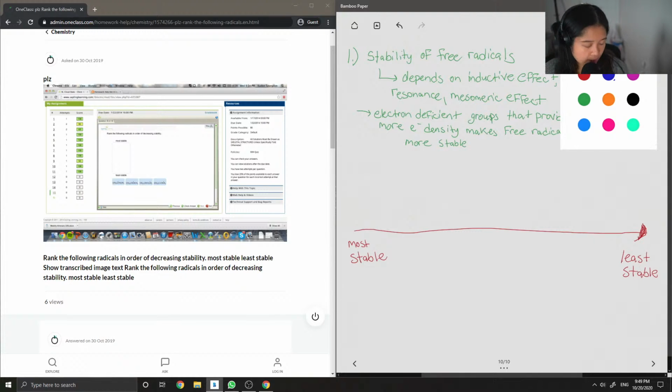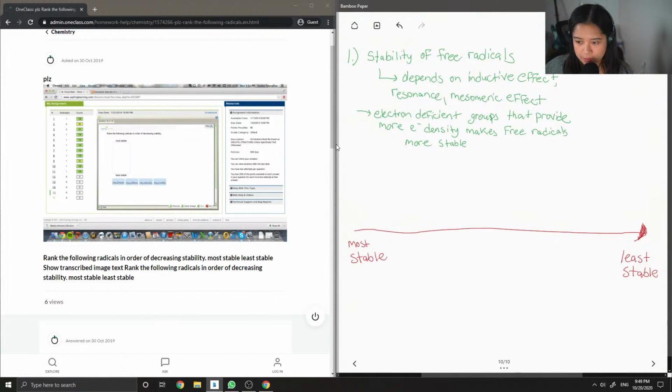Okay, so basically our most stable radicals would be the allylic.